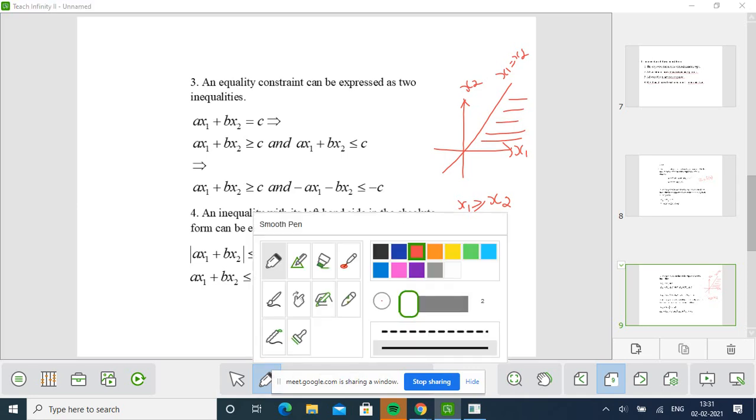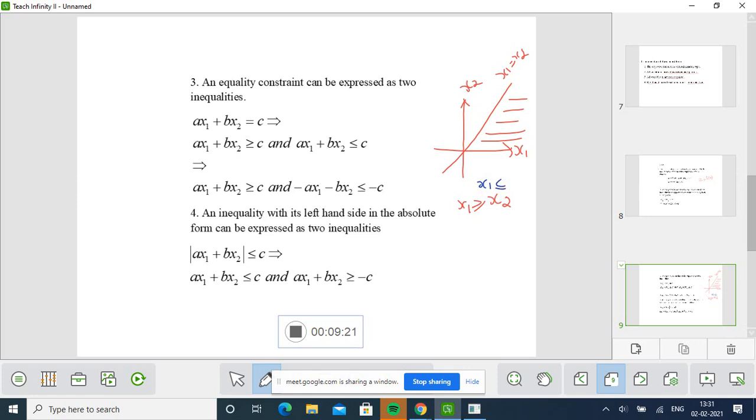Suppose I am going to use x1 less than or equal to x2. Always x1 is less, x2 is more means it should go in this portion plus this line. It will also take the point on this line because it is less than or equal to. So what is common to both this and this?